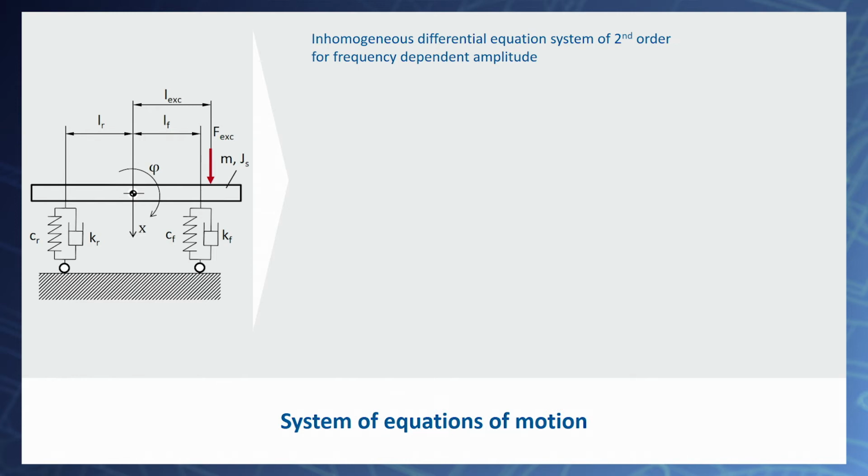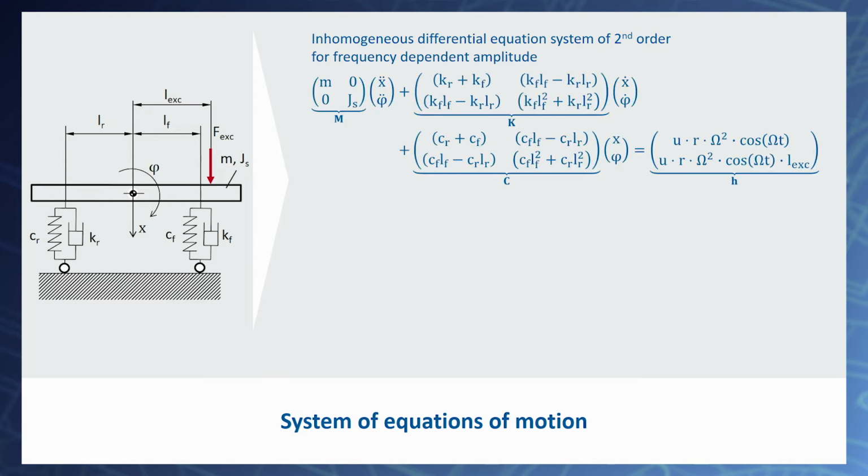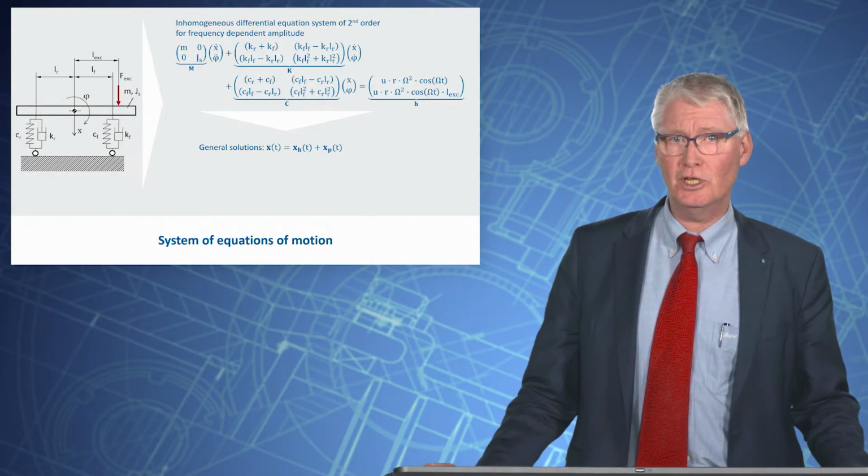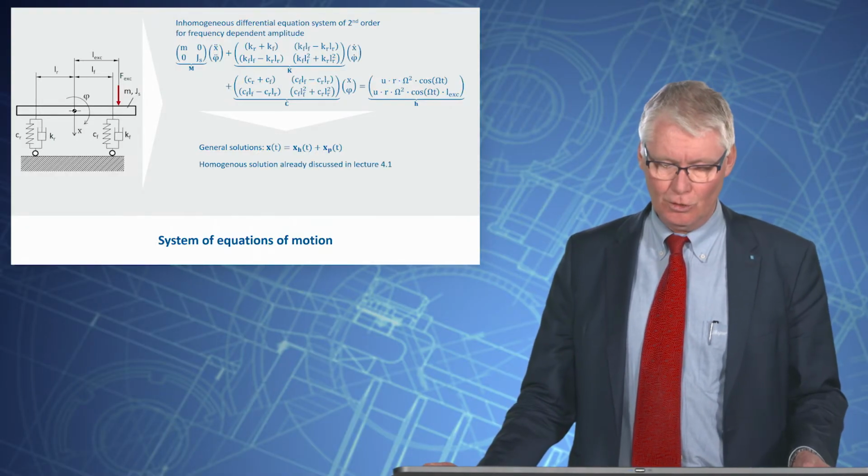Now we are obviously expecting again, and that's what we will have, an inhomogeneous differential equation system of second order, and you see the frequency dependent amplitude in the excitation vector, which we can call again h. And of course, we can also find again the general solution as the addition of the homogeneous solution and the particular solution.